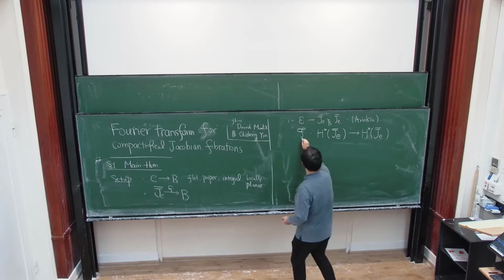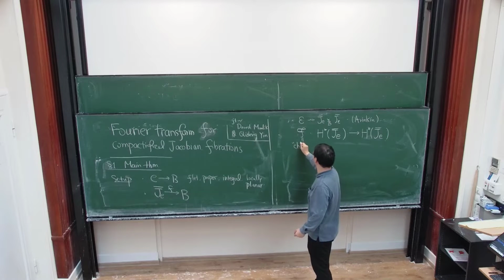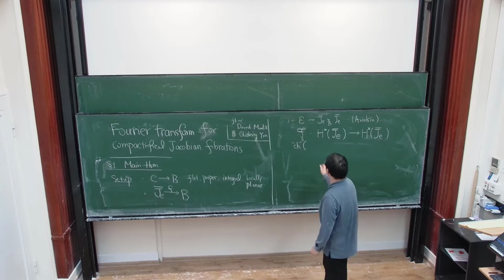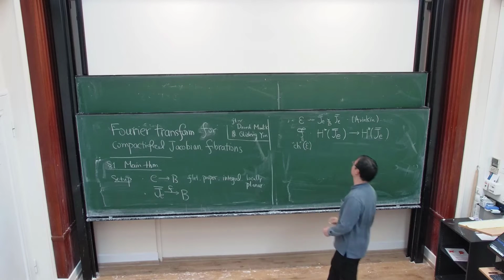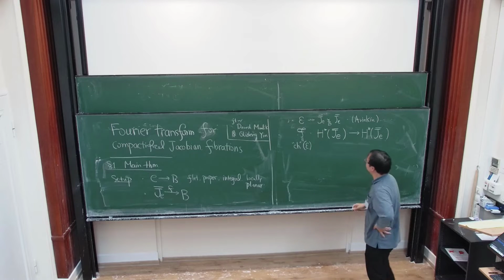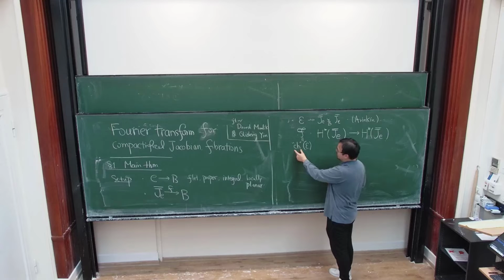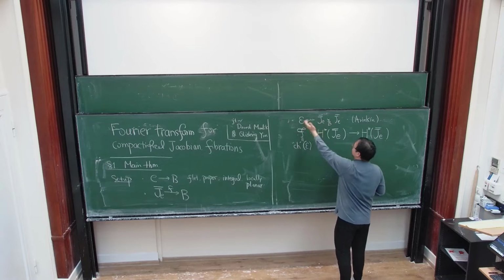So intuitively, this F can be thought of as taking the Chern class of this universal sheaf, the Poincare sheaf.